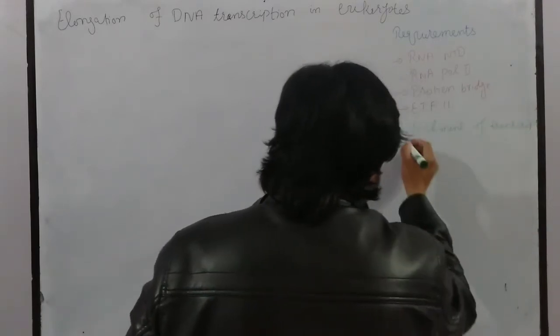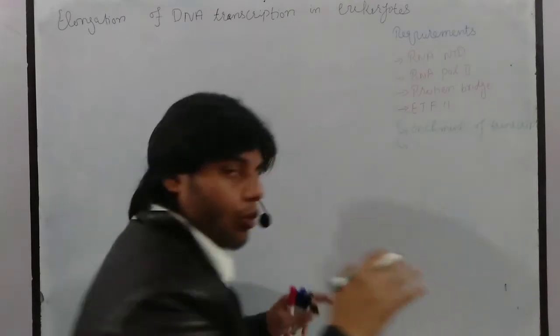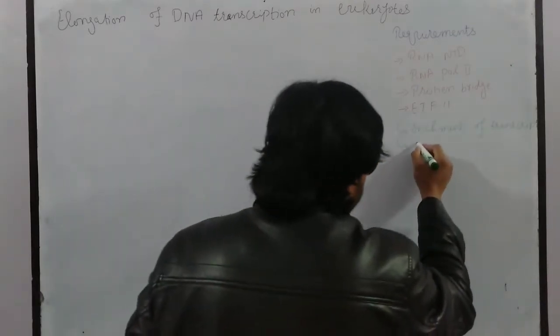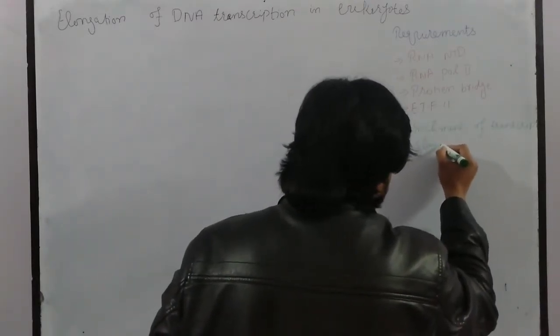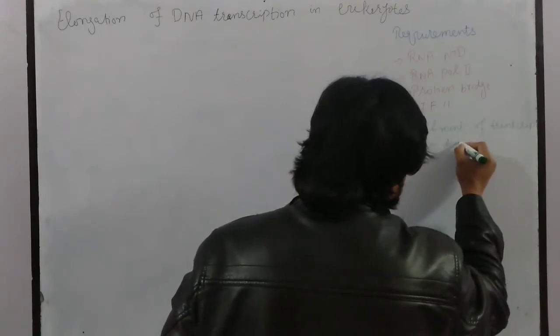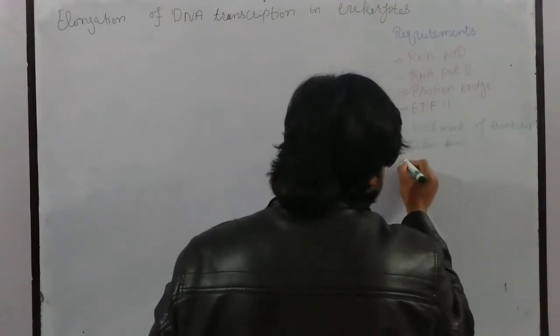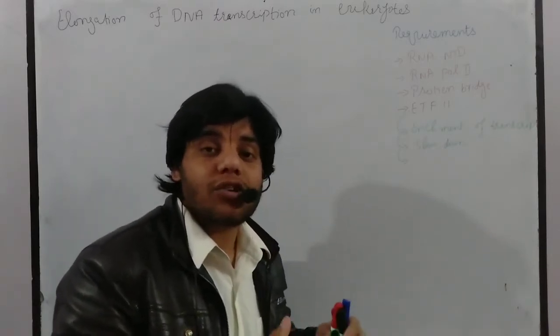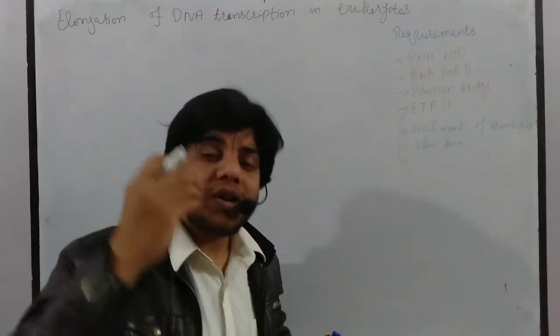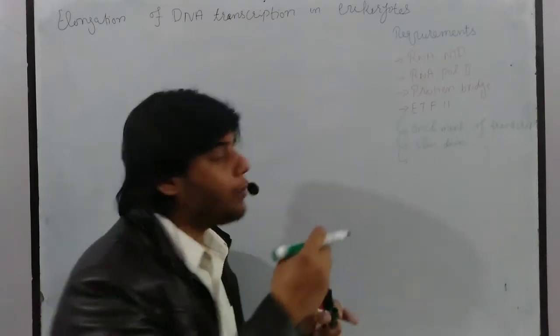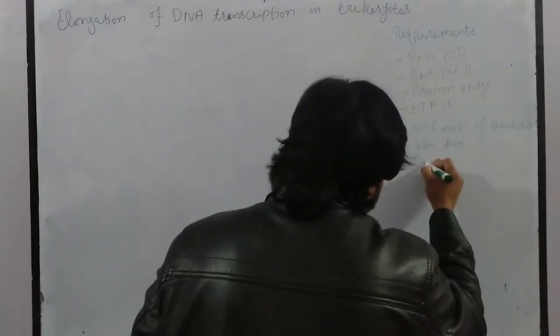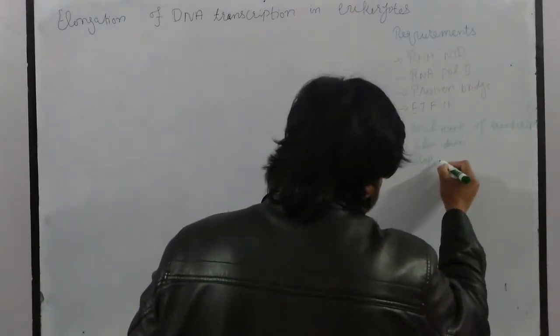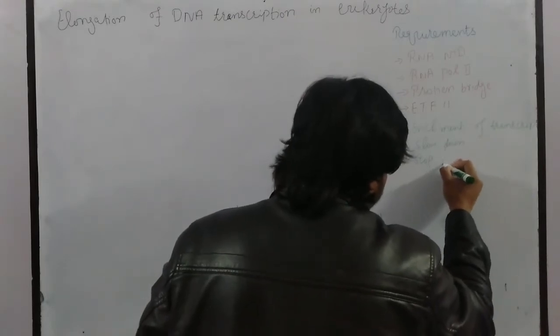They can also be involved in slowing down the transcription process. And there are different kinds of elongation transcription factors which are involved in stopping the transcription as well. So they are also involved in the stopping of DNA transcription.